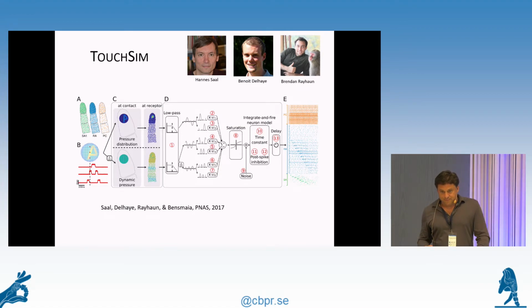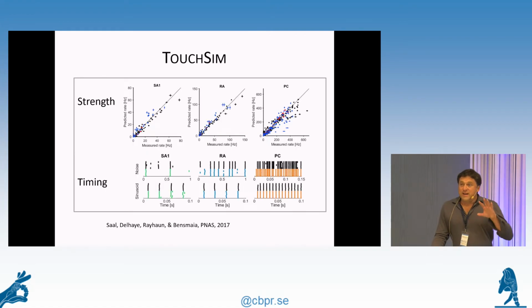And the model can precisely reproduce the strength of the response of each afferent. This is the predicted firing rate versus the measured firing rate to a bunch of different stimuli. You can see those are pretty good predictions of the rate. But in fact, it can also predict the timing of the responses.